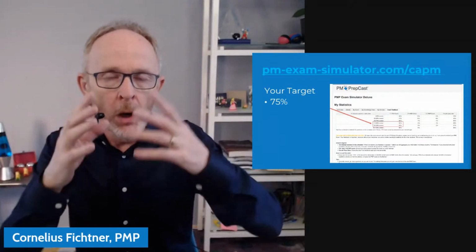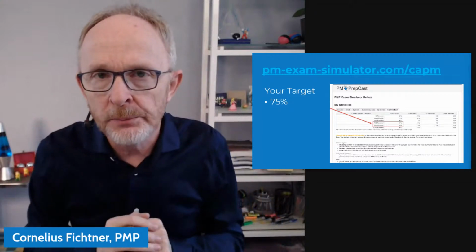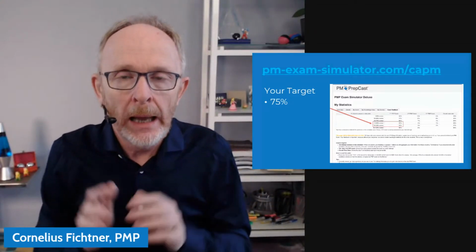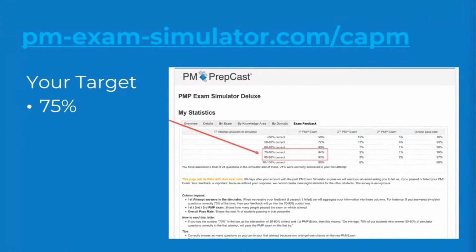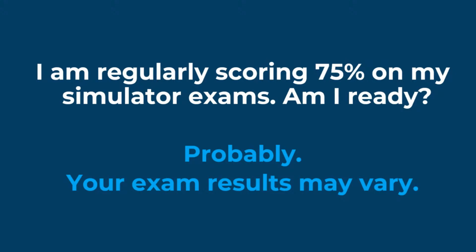So if you are reaching 75% in our simulator as your statistics, you are good to go. So the next obvious question that somebody will have is, yeah, so I am really regularly scoring 75% on my simulator exams. Am I ready?